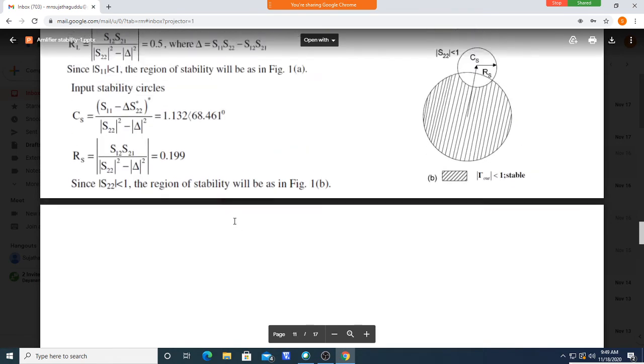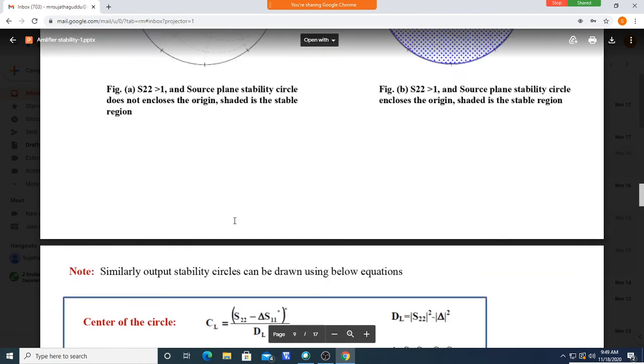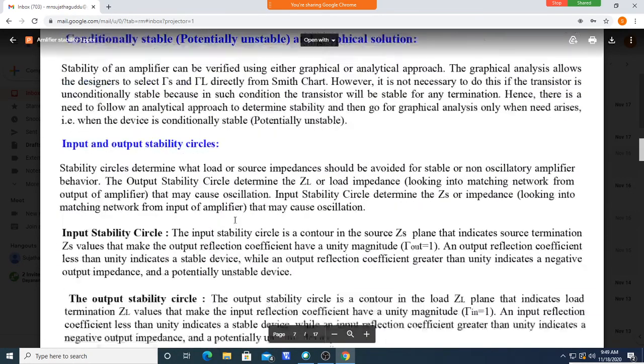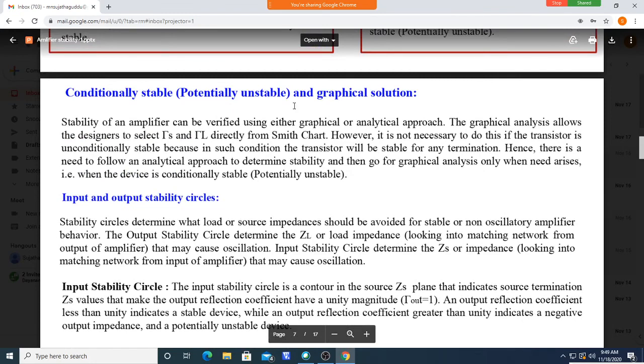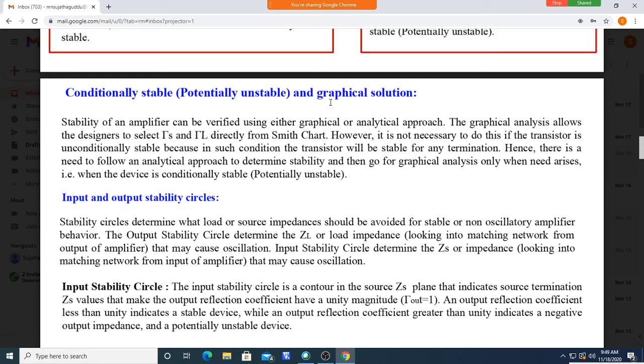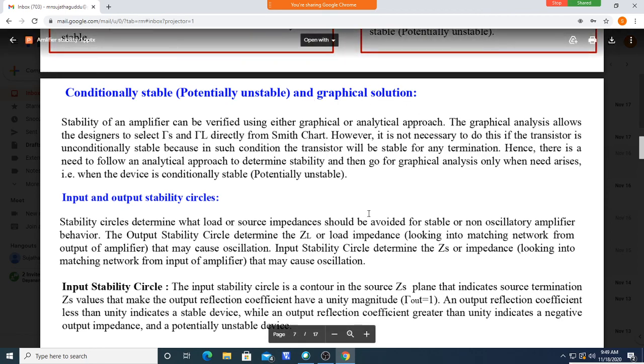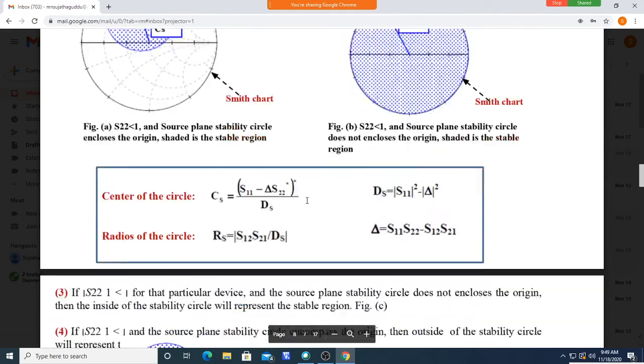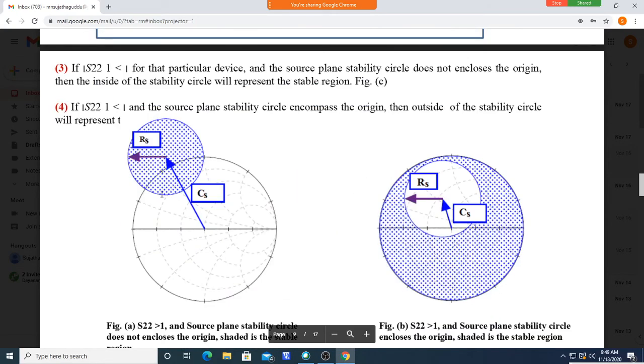So once we come to know it is conditionally stable, potentially unstable, you should go for this graphical solution. Okay, so what is this graphical solution? That we will see in the next class.